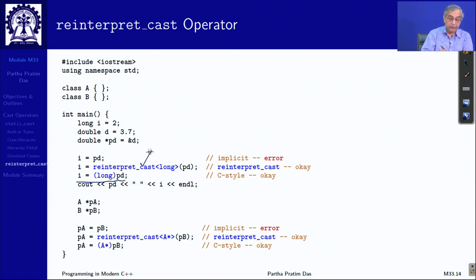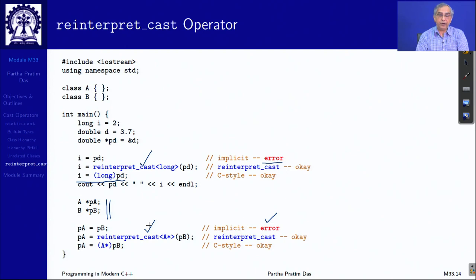So, the way to do that will be to use reinterpret cast. Naturally, the implicit casting does not work. Similarly, for two unrelated type pointers, the implicit cast does not work, but reinterpret cast will work. So, these are the two contexts where you should use reinterpret cast.